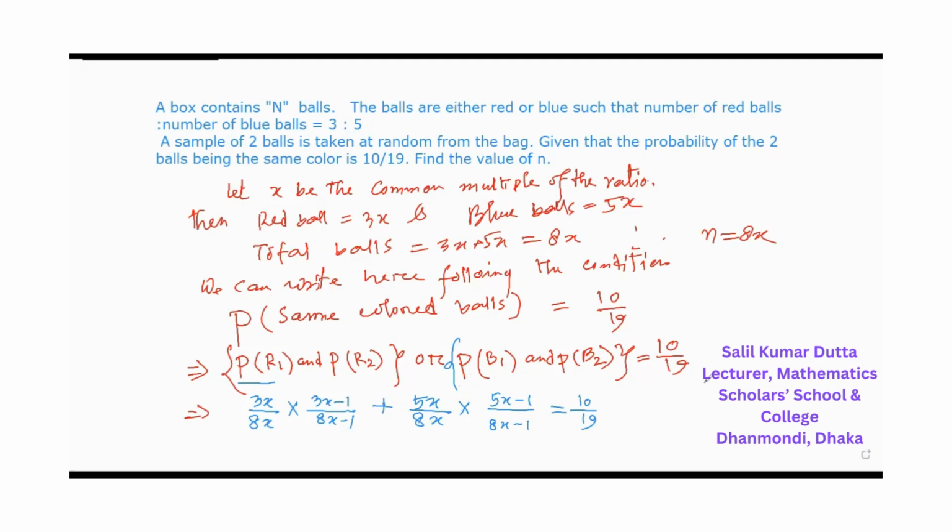Okay, we should go to the next page. Here is 3x multiplied by 3x minus 1 over 8x multiplied by 8x minus 1, plus 5x multiplied by 5x minus 1 over 8x multiplied by 8x minus 1, equals 10/19.